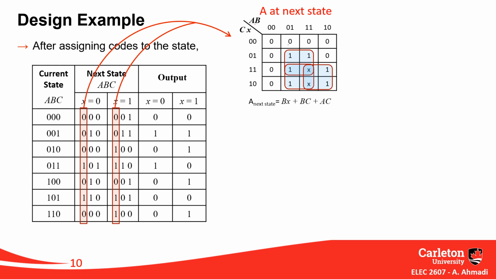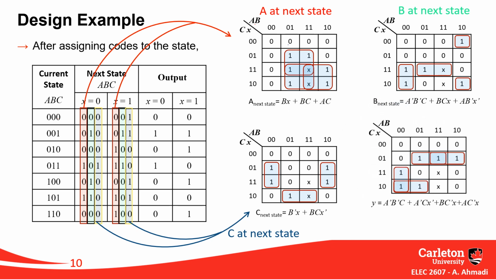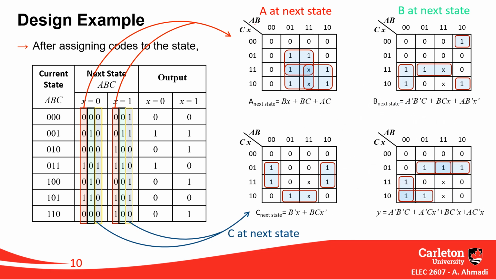We do the same for B and C and Y. Okay, so as you can see, for each one we have a K-map showing us how next clock value of A, next value of B, next clock value of C, and also the actual output of the circuit are calculated based on current state of the flip-flops and the input value.